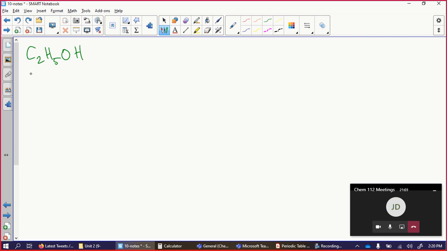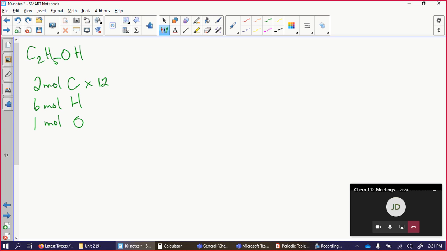If I want to know the molar mass of ethanol, we have 2 moles of carbon, 5 plus 1 is 6 moles of hydrogen, and 1 mole of oxygen.